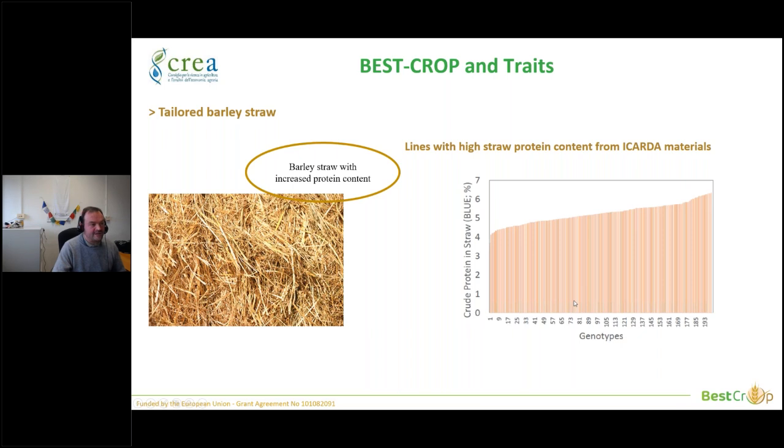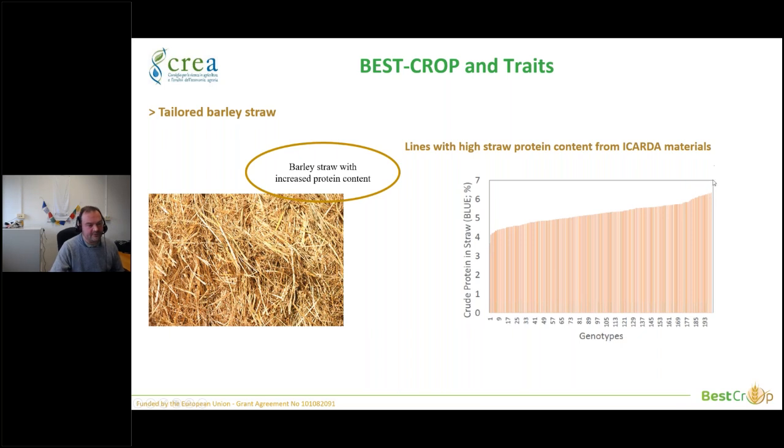This is a collection that has been provided to us by ICARDA, who screened around 200 different genotypes to select lines with a high amount of protein, closer to around 6%, and also lines with very low amounts of protein.